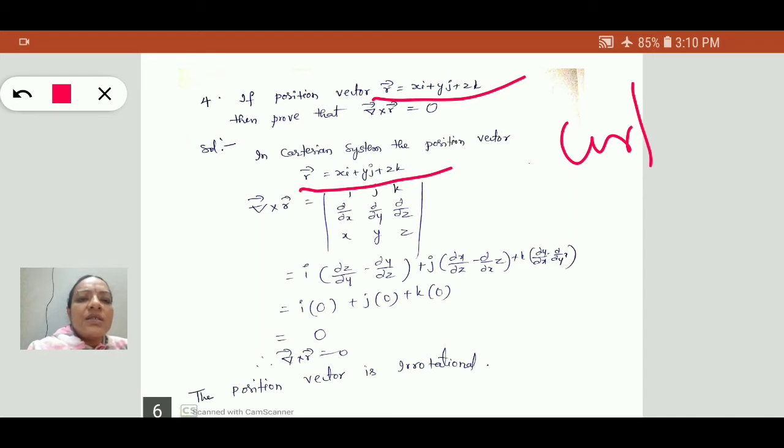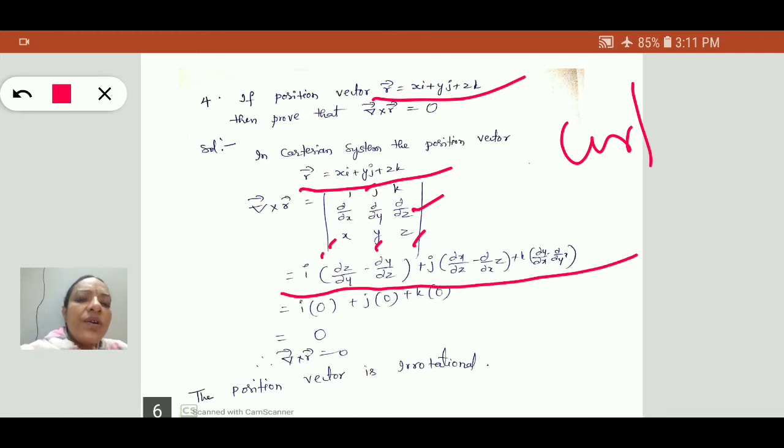Therefore, del cross r, that is curl r, is equal to the determinant with i, j, k in the first row, next ∂/∂x, ∂/∂y, ∂/∂z in the second row, and next the coefficients of i, j, k in the given vector, that is x, y, z. We know how to find the determinant of a matrix, so by using that rule we can write this equation.